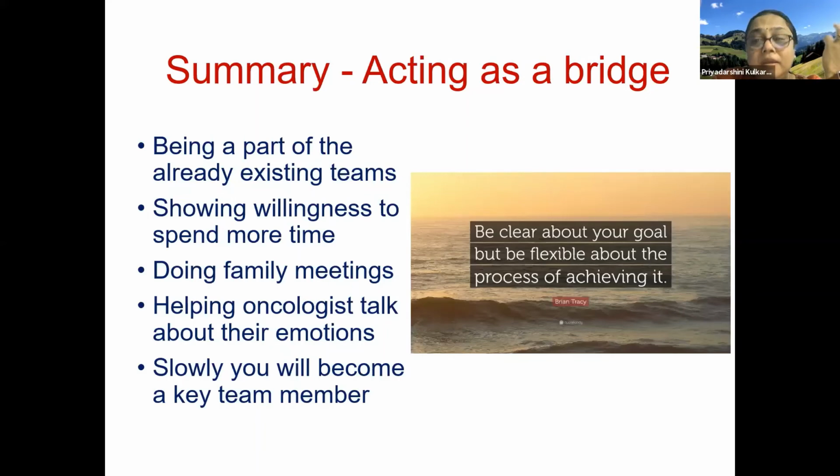Doing family meetings in tune with what the primary doctor wants, helping the oncologist personally, as a person, talk about their emotions. You know, they are also human beings. They also feel bad when their patients are not doing okay, but they have no one to talk to. We can be their friend really, and slowly you will become a key team member of these teams.